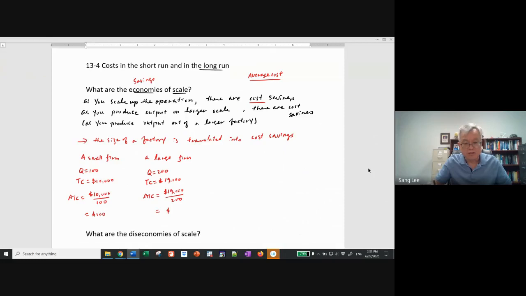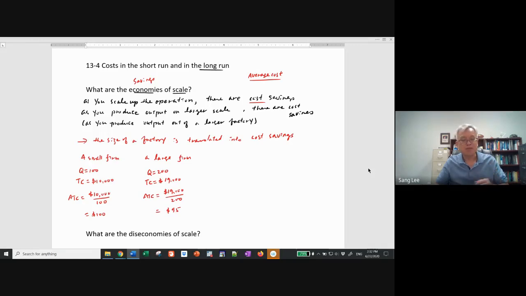Yes. So each unit costs $95. So see here, a firm that produces more output has a cost advantage. They can produce a typical unit at $95, $5 less than the small firm.